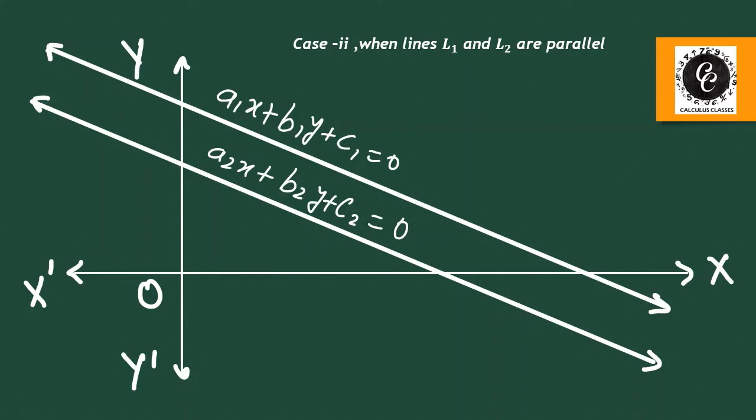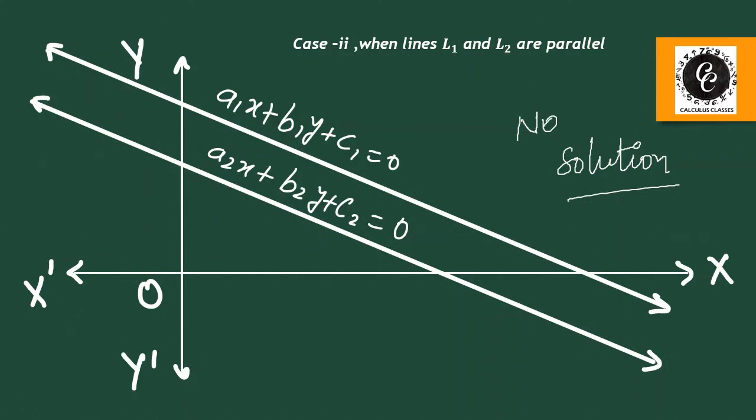This is called the condition of no solution, or we can say inconsistent. Inconsistent means we are not finding even one solution, and this gives the condition for no solution.